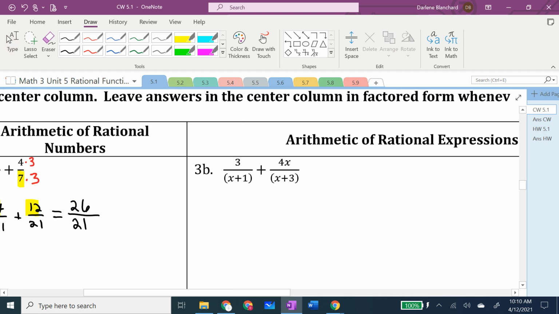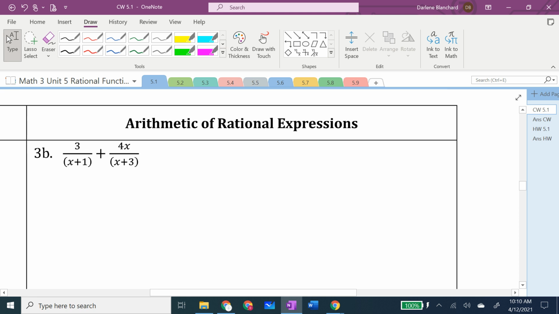All right, now let's look at these and let's add them. You want to realize that this addition cannot be broken. This entire parentheses is one factor. You don't get to separate the x and the 1.